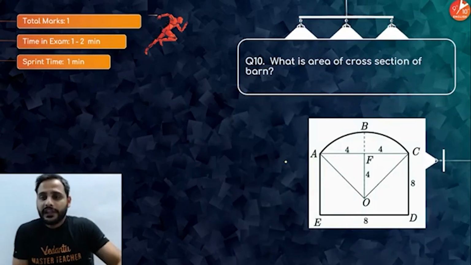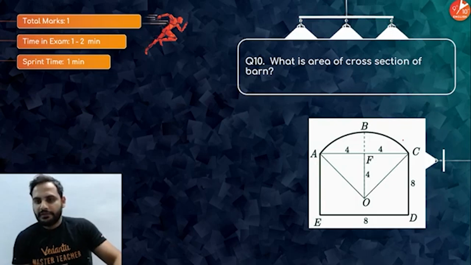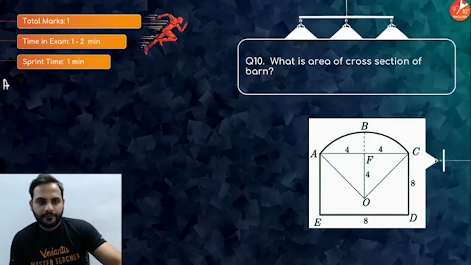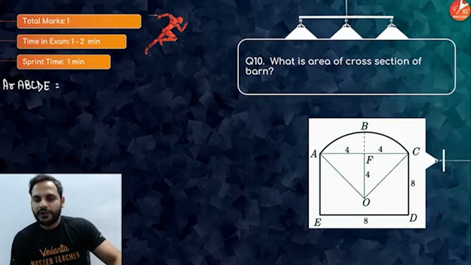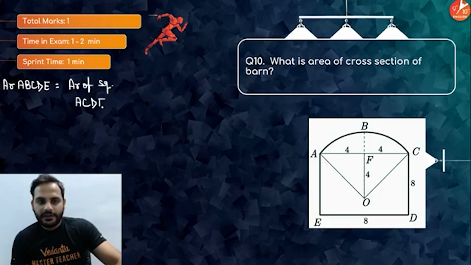Next, what is the area of cross section of barn? That means cross section of barn means what? If you look at the barn in this way, this complete area they are asking, A, B, C, D, E. ठीक है. So guys, I can say, sir, area of A, B, C, D, E will be equal to area of square A, C, D, E plus area of segment A, B, C. Yes or no?